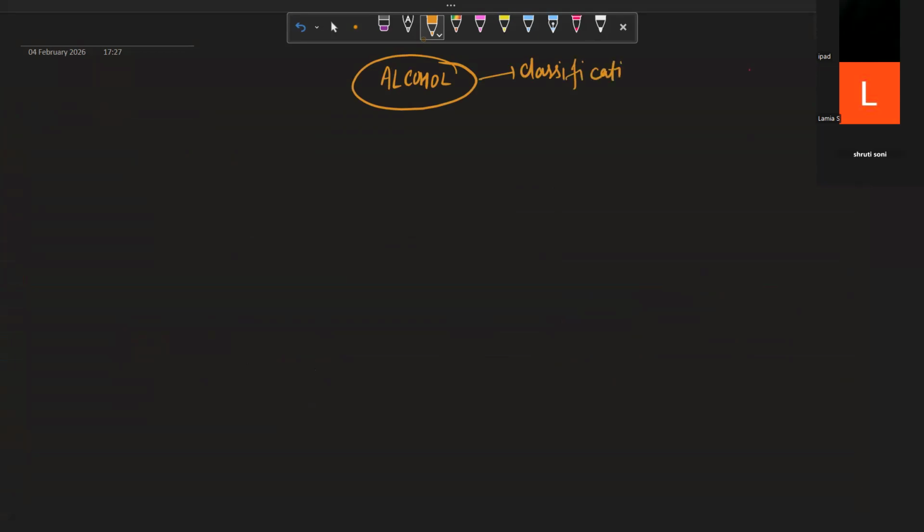In classification we discuss three types. On what basis do we discuss those three classifications? There's degree of alcohol, which is based on the degree of carbon. And the number of hydroxyl groups present in a molecule.